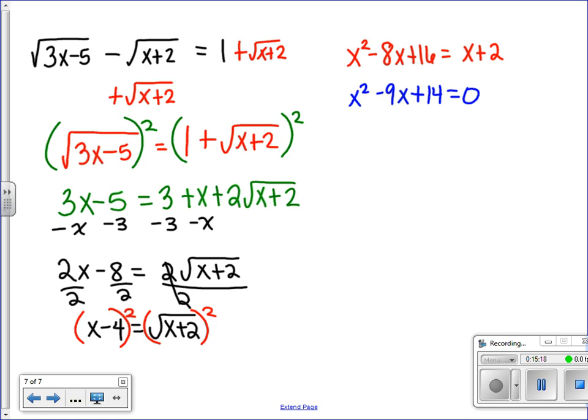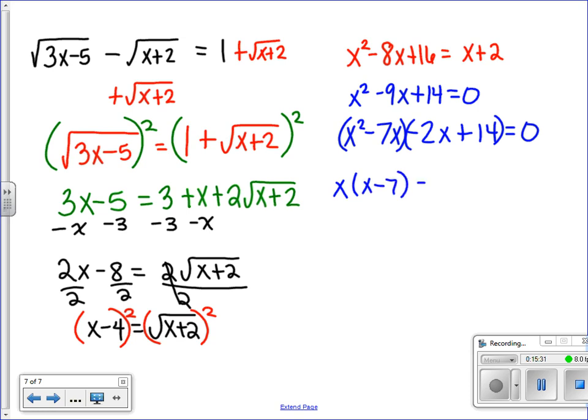That gives me a positive 14 and a negative 9. On this front group, I can take out an x. On the back group, I'm going to take out a negative 2. So I have x minus 2, x minus 7.